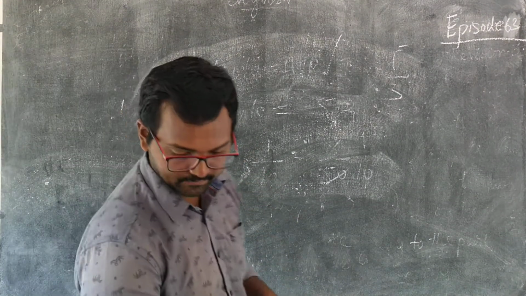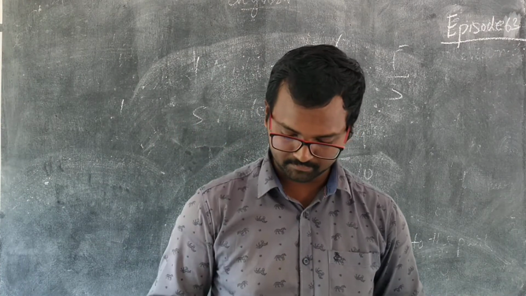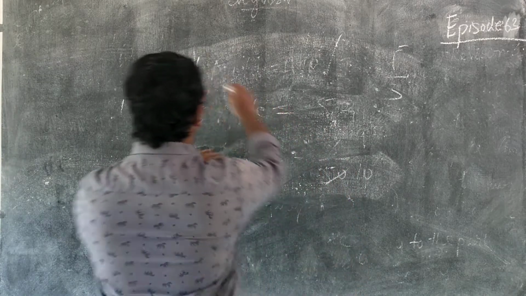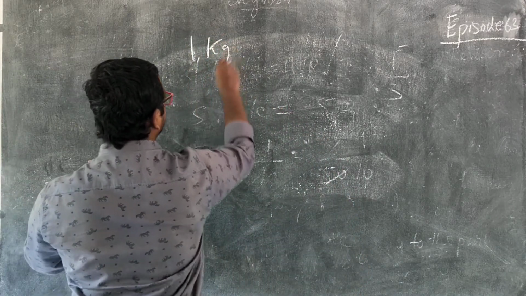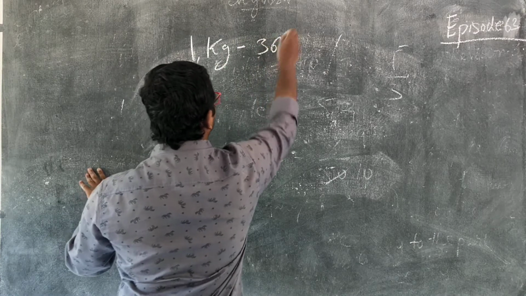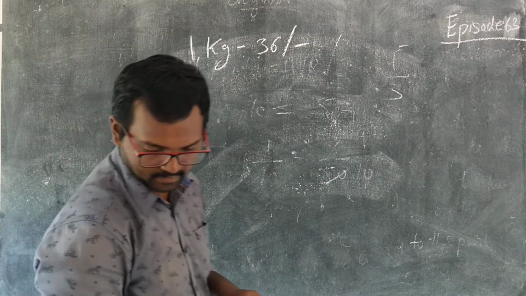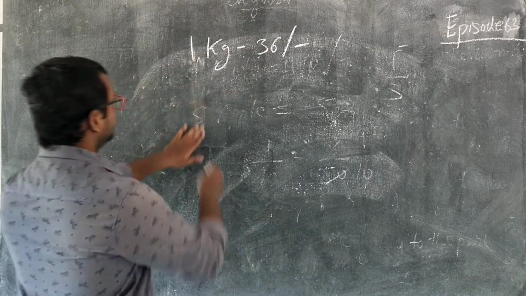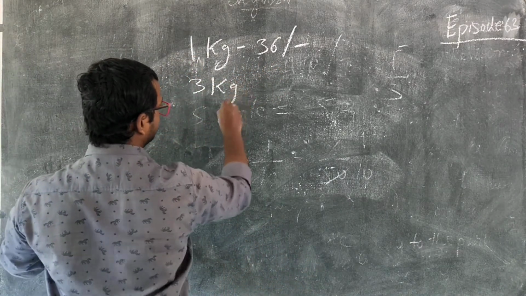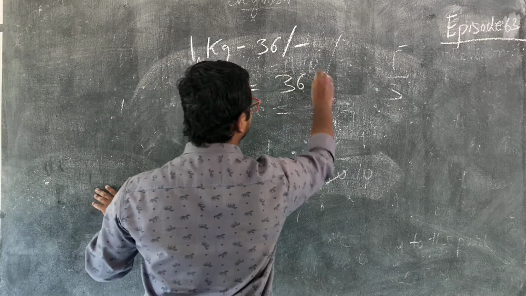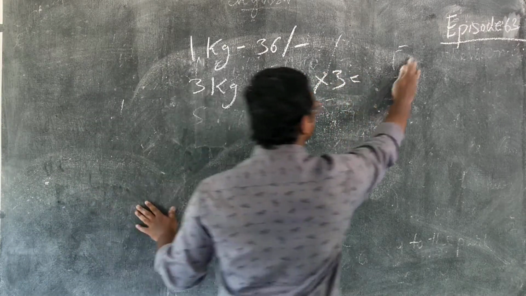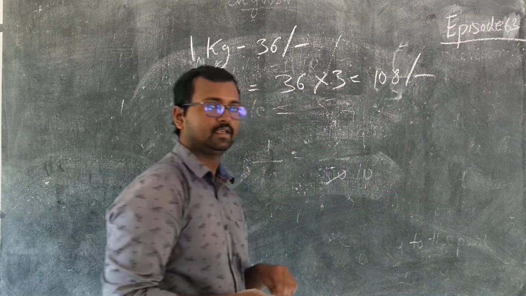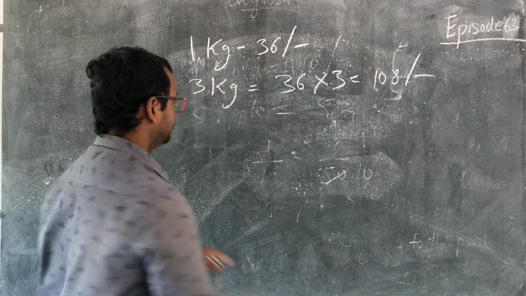See, in the book it's given, if the cost of 1 kilo of sugar is 36 rupees, then what would be the cost of 3 kilo of sugar? If 1 kilo is 36, 3 kilo is obviously how much? 36 into 3, which is equal to 108 rupees.